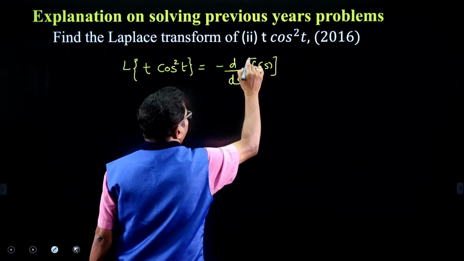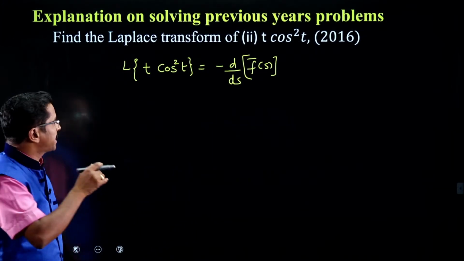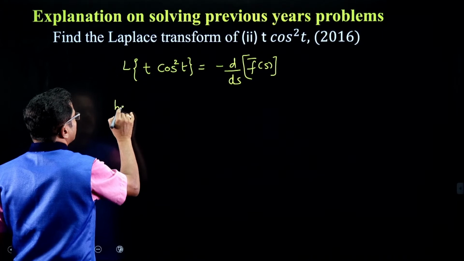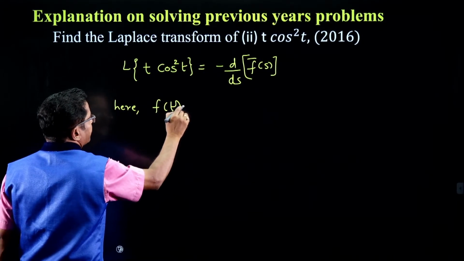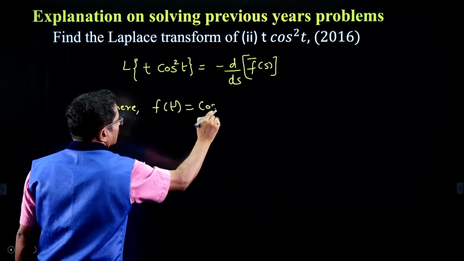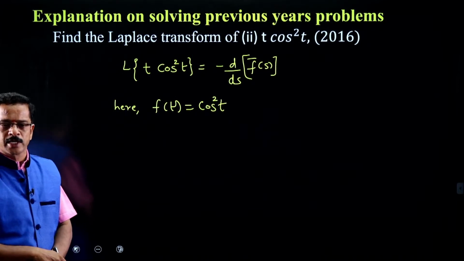I am putting the sign directly, as t has an odd power, meaning 1. So I am taking the negative sign, d by ds of f bar of s. Here let us take f of t equals cos square t.